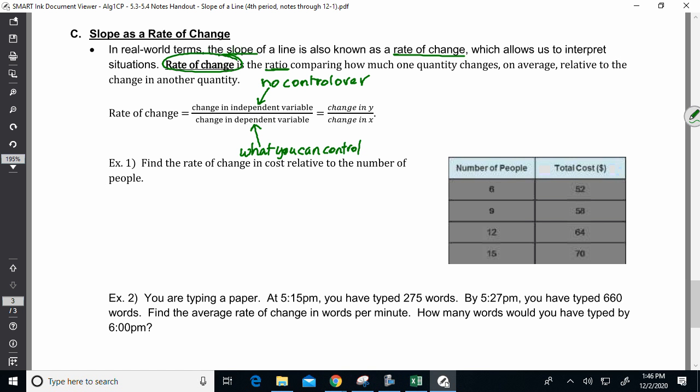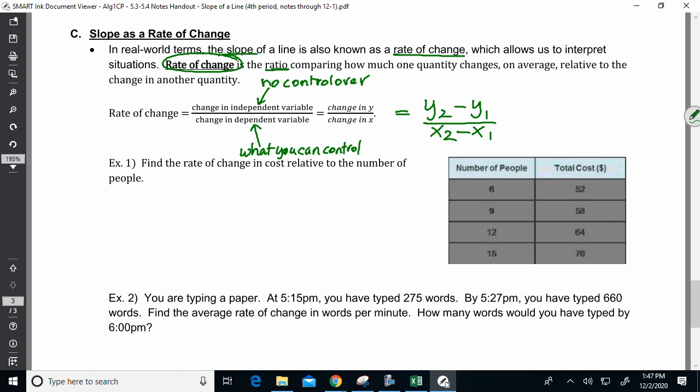In math terms, it's the change in y over the change in x, which we have a formula for, which we used yesterday: y2 minus y1 over x2 minus x1.